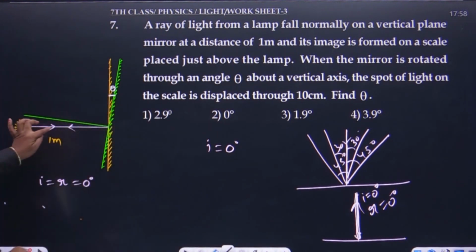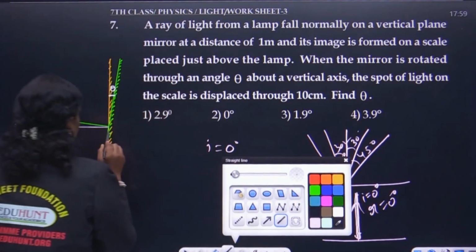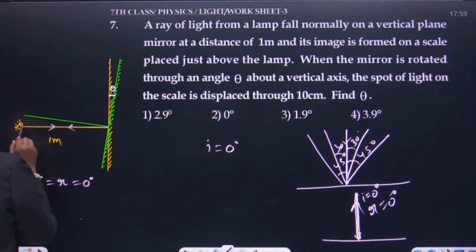So, this pink color indicates the normal drawn to this yellow one, whereas the green normal indicates the normal drawn to that green one. This was the initial position of the normal and this indicates the new position of the normal.